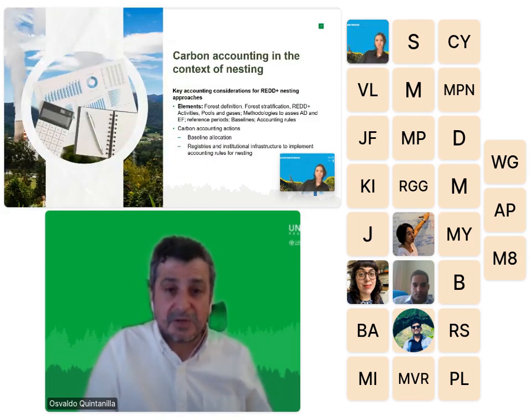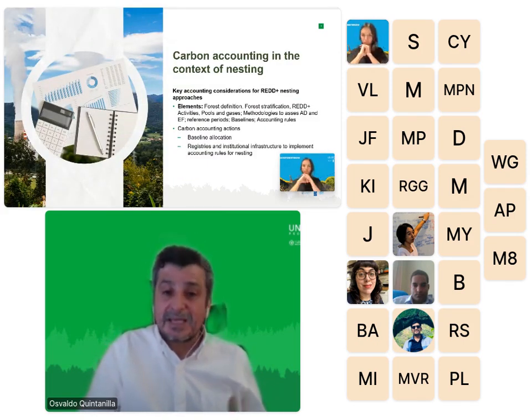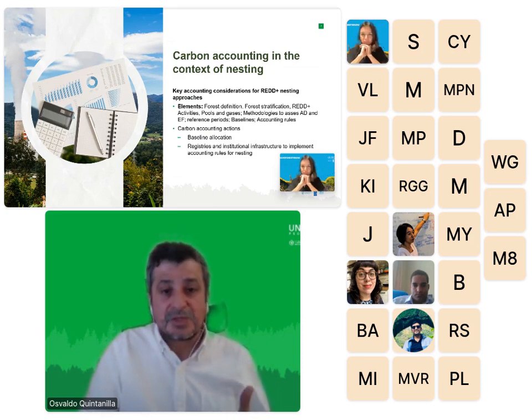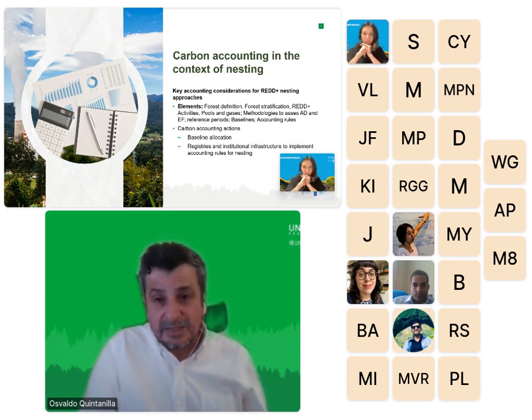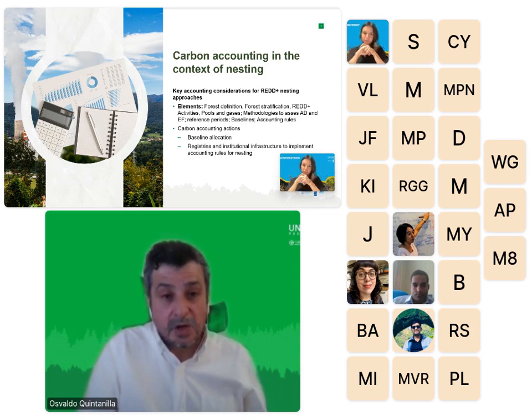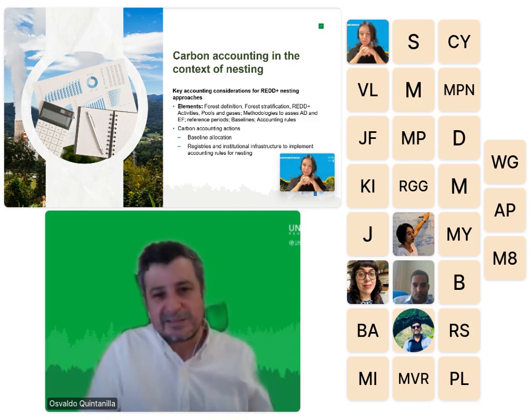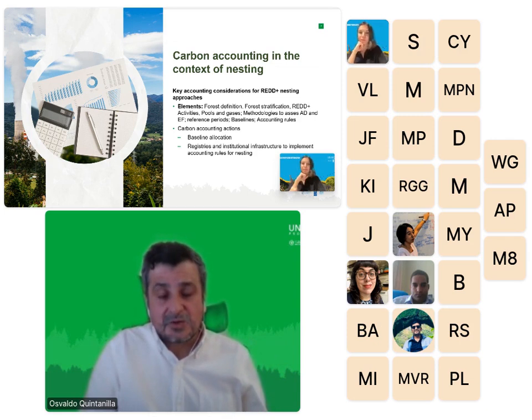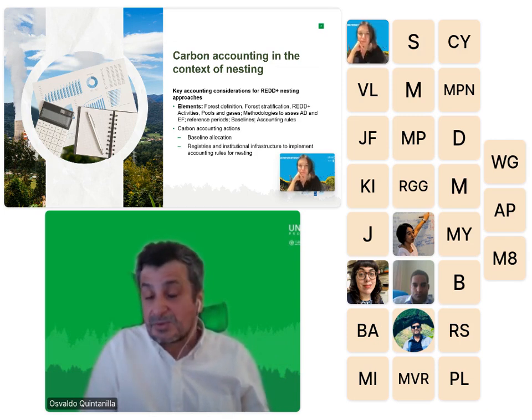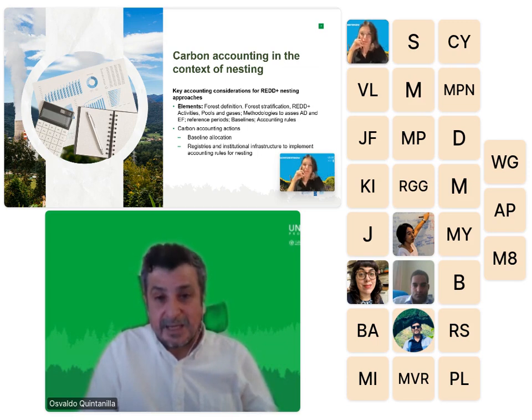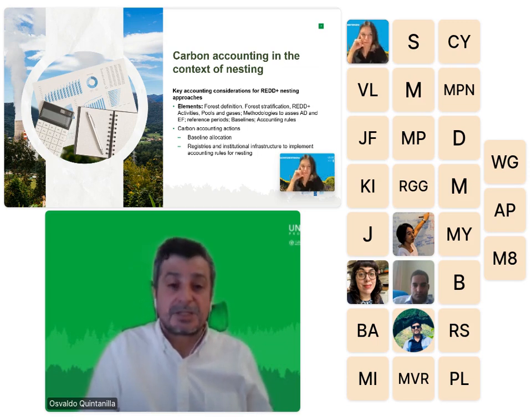The first one is carbon accounting, which forms the technical backbone of the nested REDD+ system, ensuring that emission reductions from all levels can be accurately combined without overlap or inflation. To achieve this, core elements such as the forest definition, land classification, activity data, and emission factors must be standardized across project, subnational and national levels. Crediting periods should also be analyzed and aligned to prevent reporting mismatches.